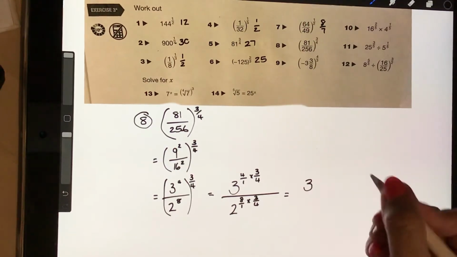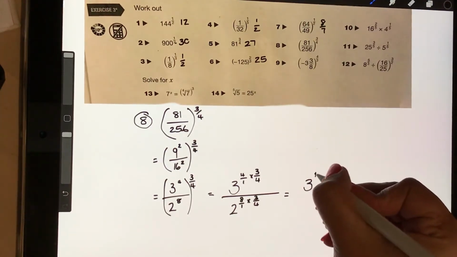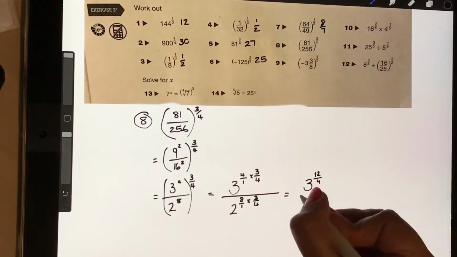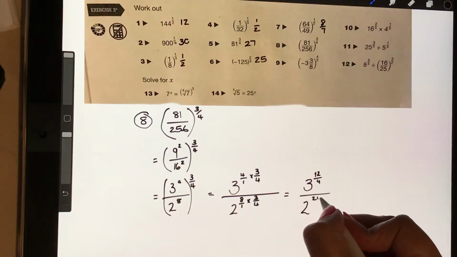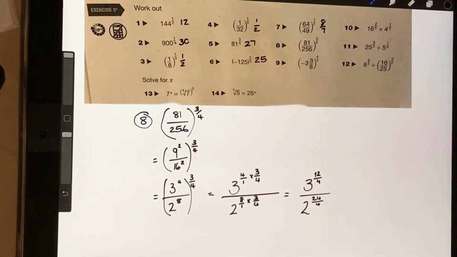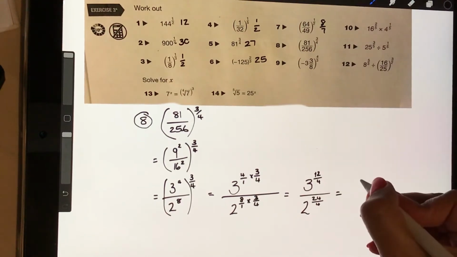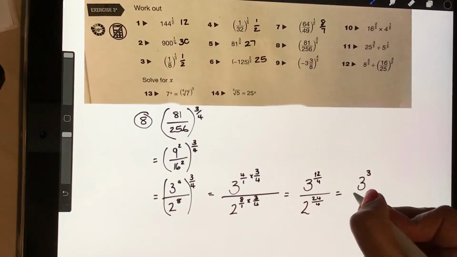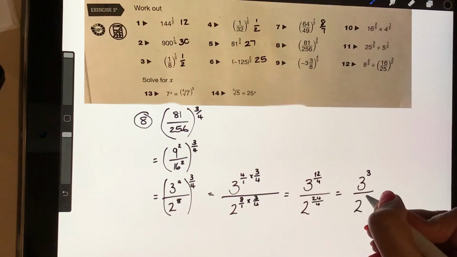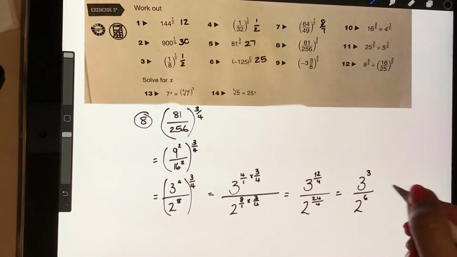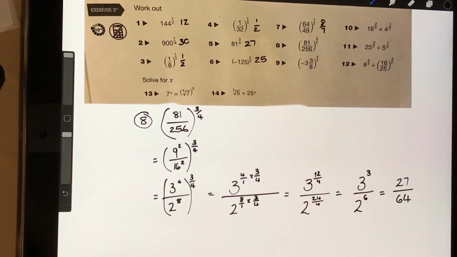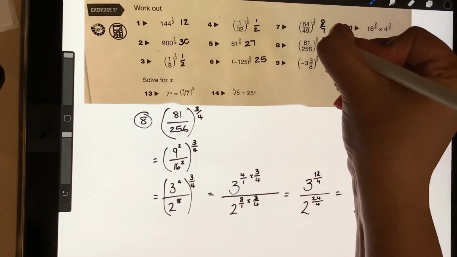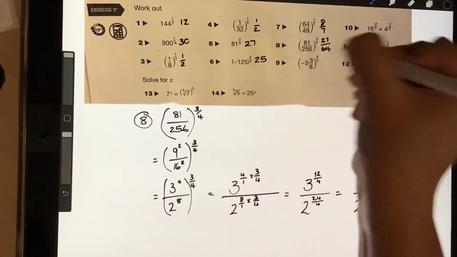Then we have in the numerator 12 over 4, and in the denominator we have 2 to the power of 24 over 4. This would then be simplified to 3 to the power of 3 over 2 to the power of 6. And 3 to the power of 3 is 27, and 2 to the power of 6 is 64. Step by step, this answer is 27 divided by 64.